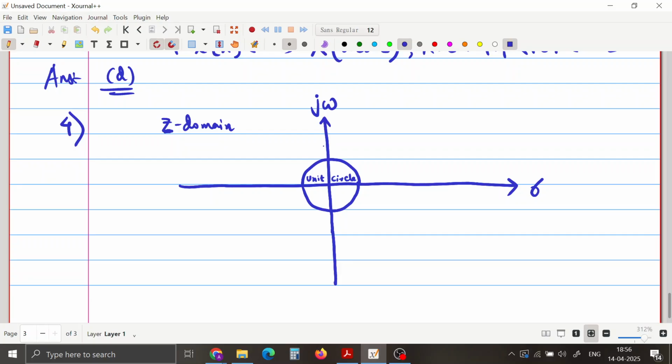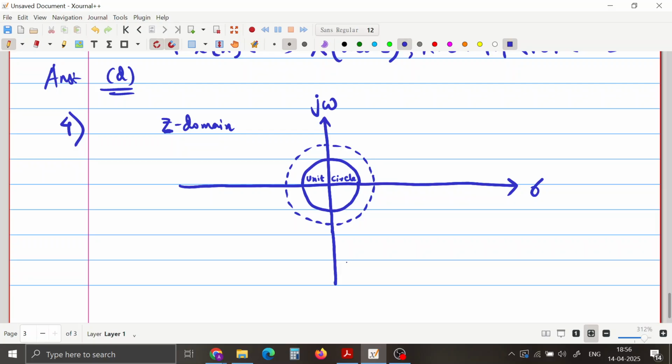Now we have another circle outside this unit circle, whose radius is even greater, this dashed circle, like this.